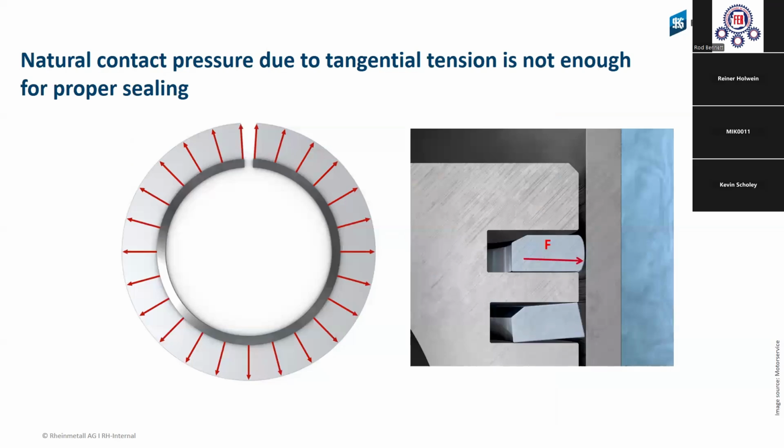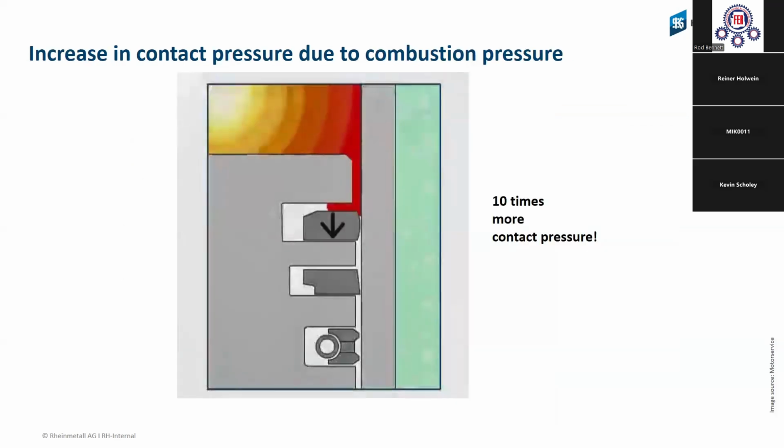Here you see the tension from the ring, and you see the tension only from the ring itself. They are pressed on the surface of the cylinder bore. And here in the next slide, you see the pressure coming from the top pressing 10 times higher than the tension the piston rings have, so 10 times more we press the ring on the surface.